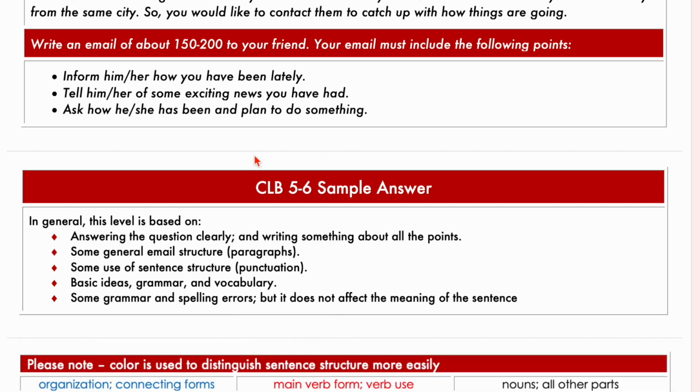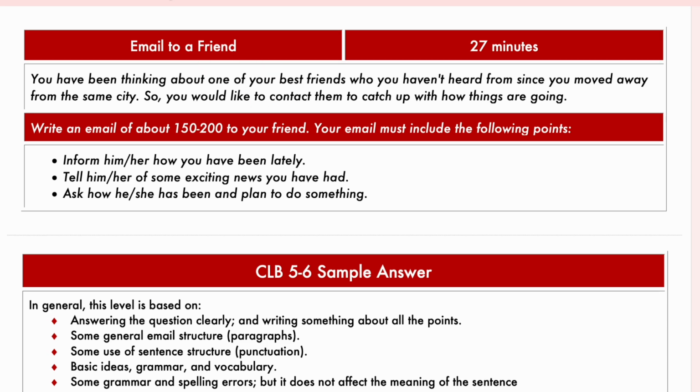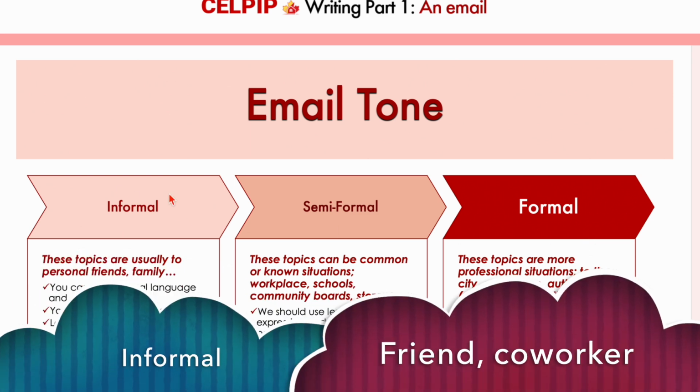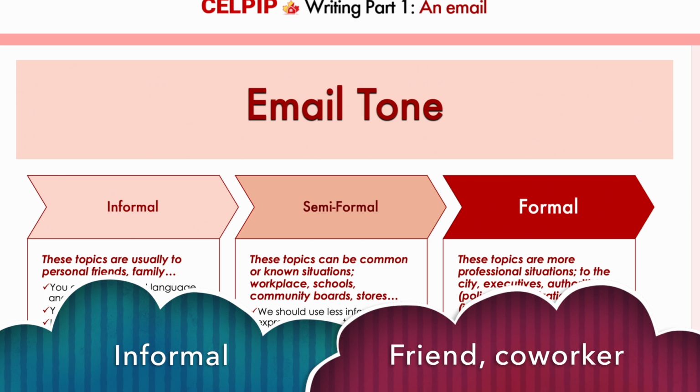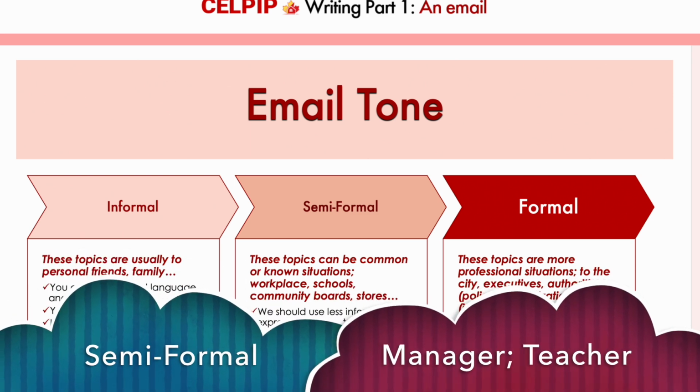So then, I just do want to remind you that the first thing that we should decide about the email is if this email is informal, semi-formal, or formal. Now it's to your friend, so to your friend is informal, okay? And semi-formal is like to your manager or someone in a little bit higher position at school, the teacher.